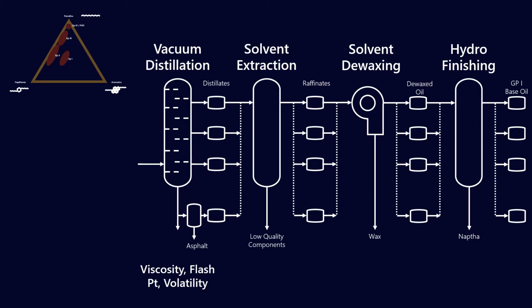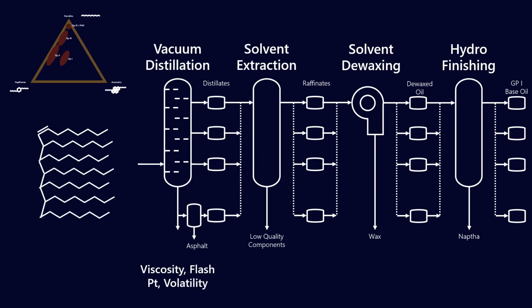So vacuum distillation is us selecting the molecular weights that we want out of the crude feedstock. Well, with synthetics, what we can do to increase the molecular weight of the final product is we just let the reaction go on longer and we add more decene molecules to the chain. Right? So that's how we can get to a higher molecular weight. So we don't need the vacuum distillation process.